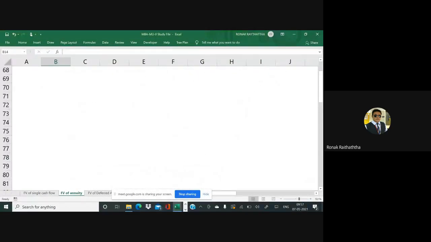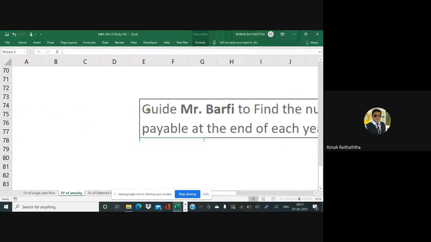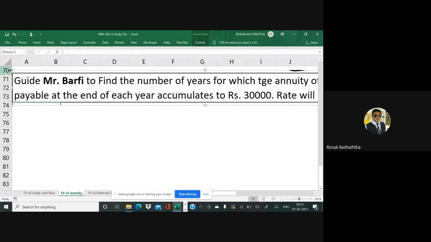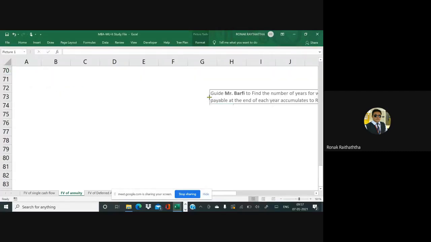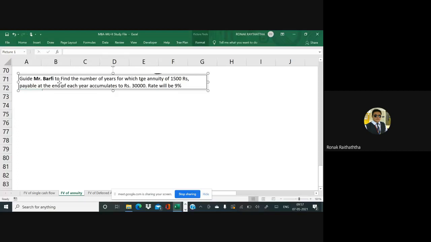So I need to take some empty cells. Okay, let me paste it over here. Okay, so everyone is able to read this question now.